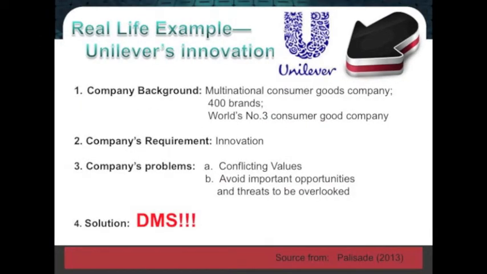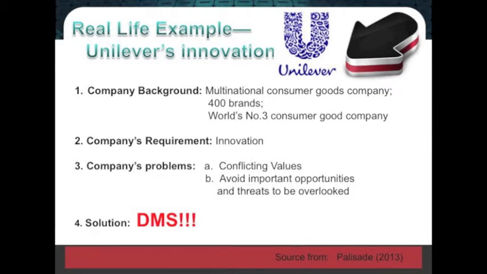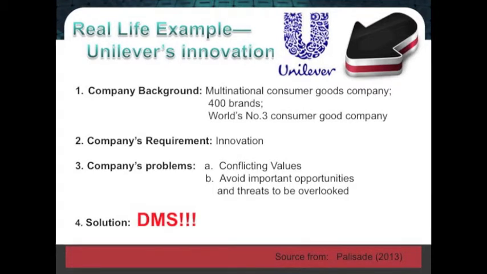Here is a real-life example to show how decision-making software helps companies improve their operation. Unilever is a multinational consumer goods company which has more than 400 brands. The company produces different products, including food, personal care products, beverages, and cleaning agents.